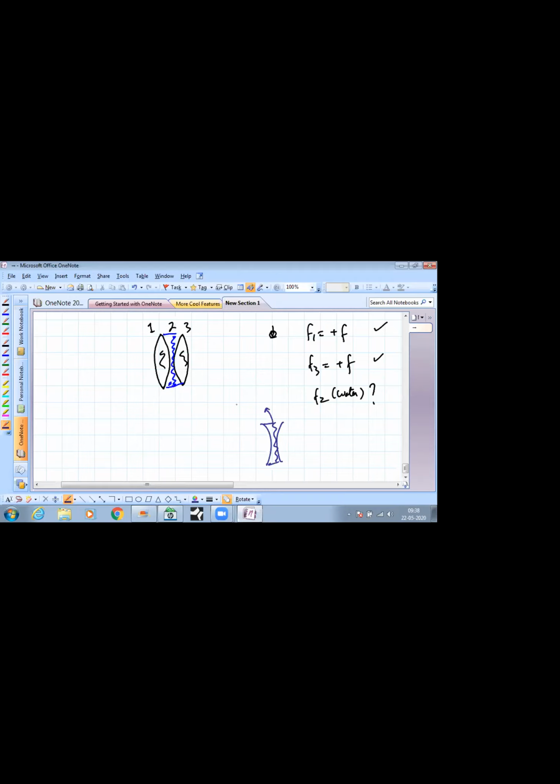So mu of water is 4/3, and for light coming from this side, using the standard convention, this side is negative, this side is positive. So we will take R1 as minus R and R2 as plus R.